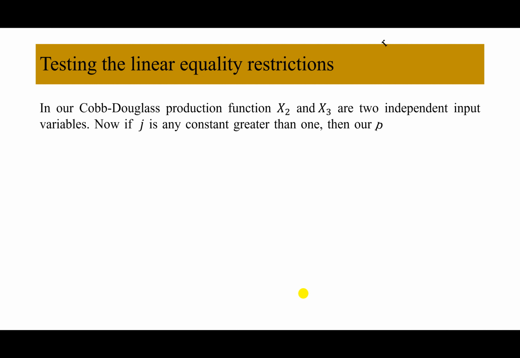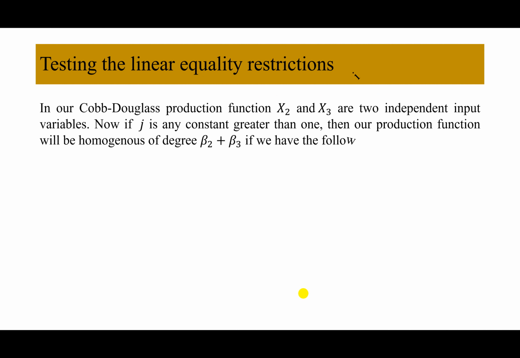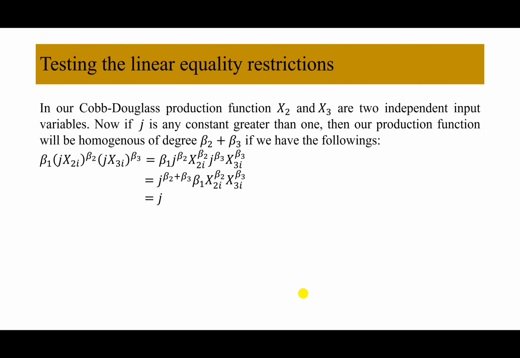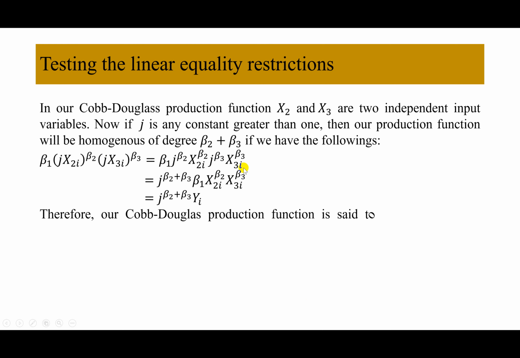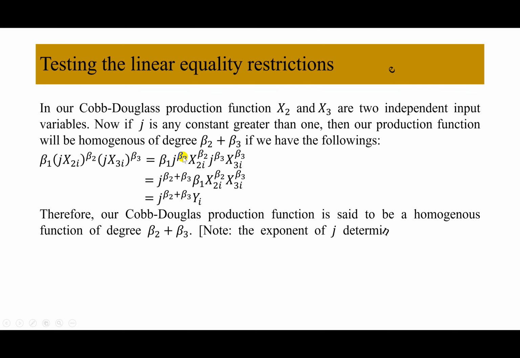Now, if j is any constant greater than 1, then our production function will be homogeneous of degree beta 2 plus beta 3 if we have the following: beta 1 (jx2i) to the power beta 2 (jx3i) to the power beta 3 equals beta 1 j to the power beta 2 x2i to the power beta 2 j to the power beta 3 x3i to the power beta 3, equals j to the power beta 2 plus beta 3 times beta 1 x2i to the power beta 2 x3i to the power beta 3, equals j to the power beta 2 plus beta 3 times y_i.